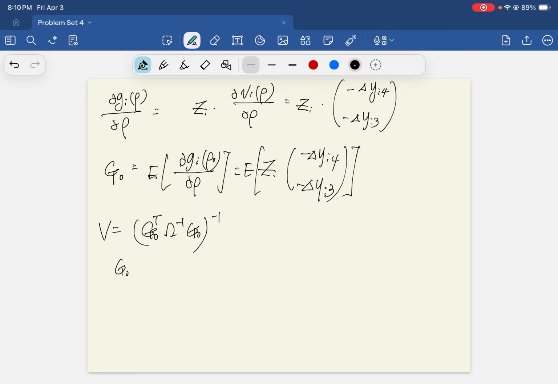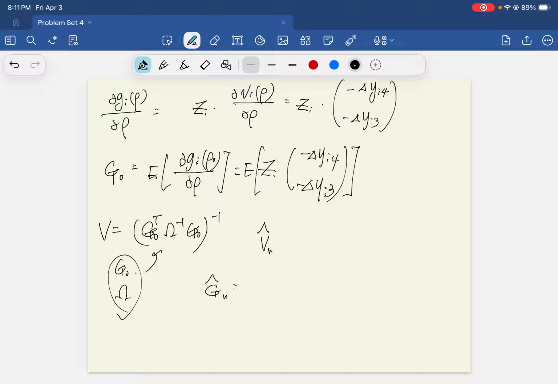We calculated G_0, we calculated omega, so we know them. There is no more algebra you need to do because there is no simplification. I just did it to explain how to calculate the variance. First, G is easy to calculate.